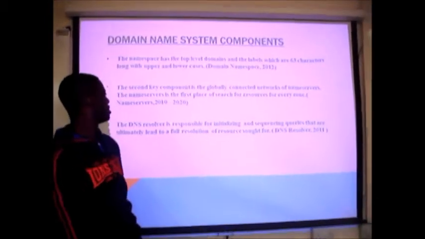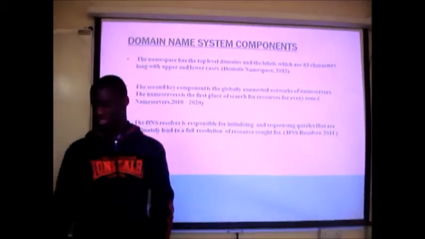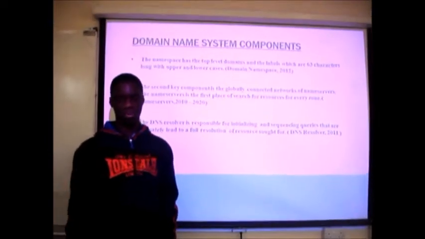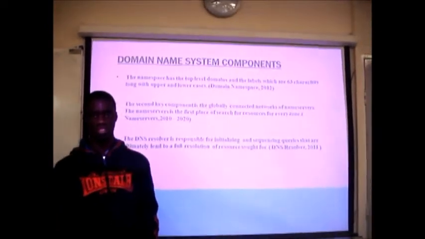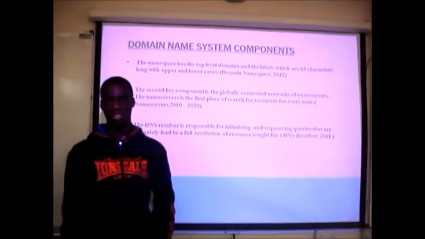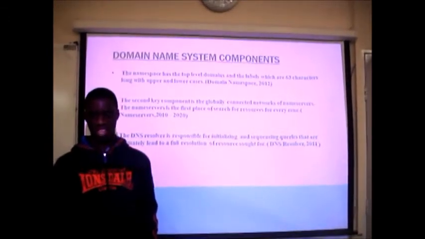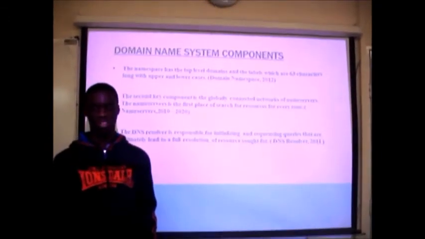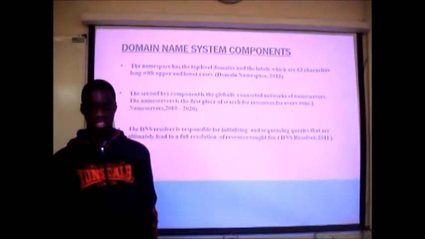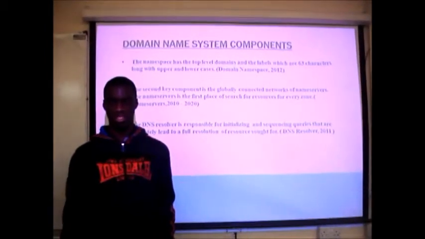The second one, the name servers, are the first place of search for every zone resource sought. And the third one is the DNS resolver, which is responsible for initializing and sequencing the queries that ultimately lead to full resolution of the resource sought.